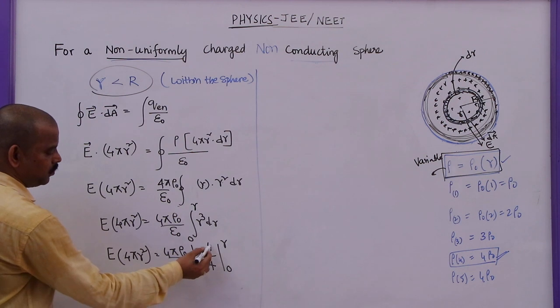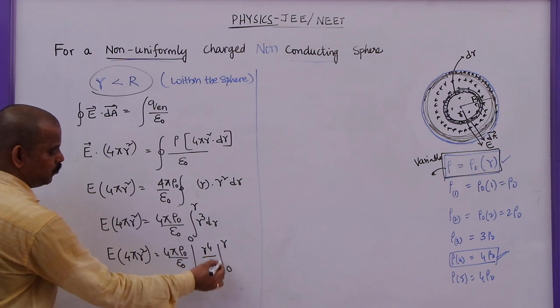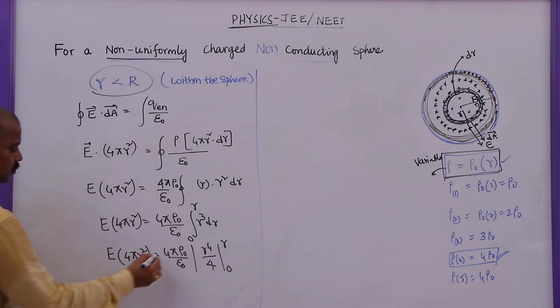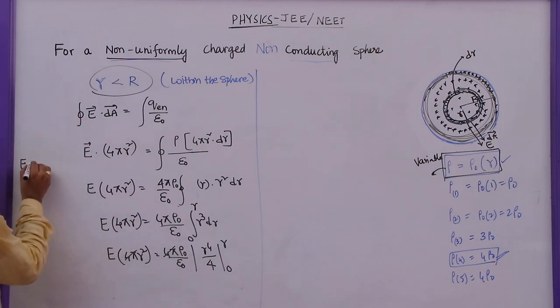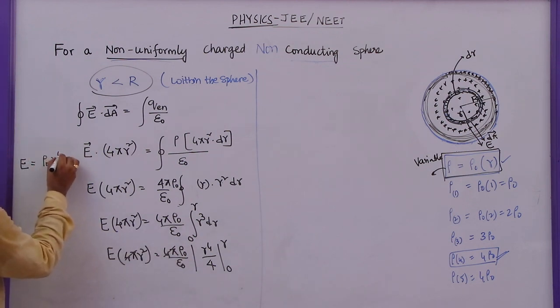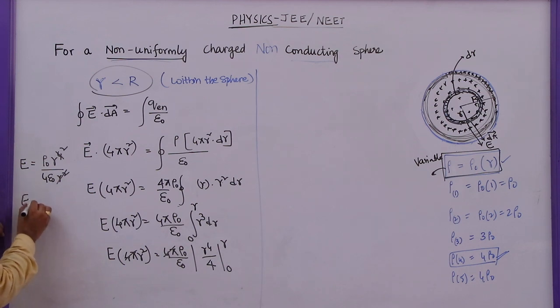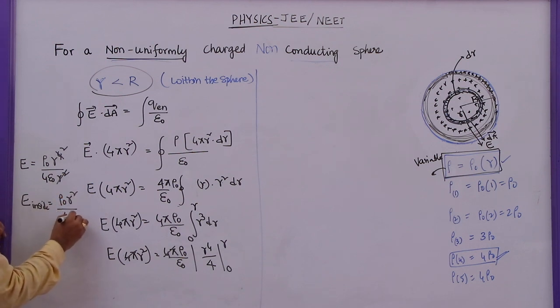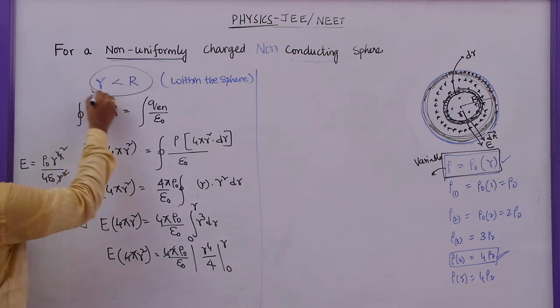If you substitute, r power 4 by 4 minus 0 power 4 by 4, that term becomes 0. So you can cancel 4 pi here. The electric field within this sphere is given by rho naught r power 4 by 4 epsilon naught r square. This r square and this cancel. So the electric field inside is given by rho naught r square by 4 epsilon naught. So this is the electric field within the sphere.